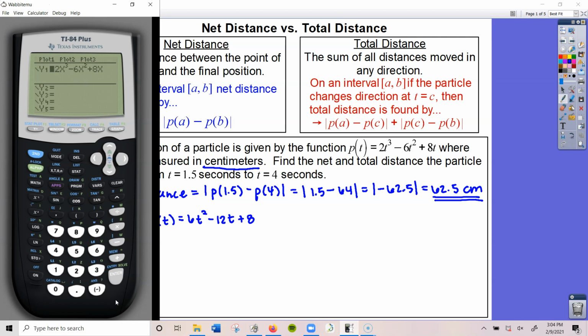Now I'm going to go to my calculator. I'm going to deselect this function in case I need it again later, and input the velocity equation: 6x squared minus 12x plus 8.